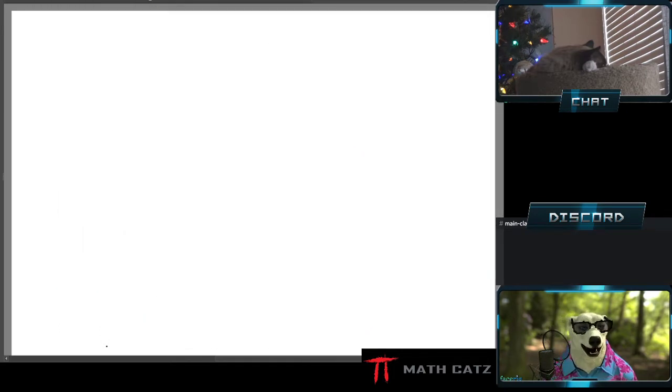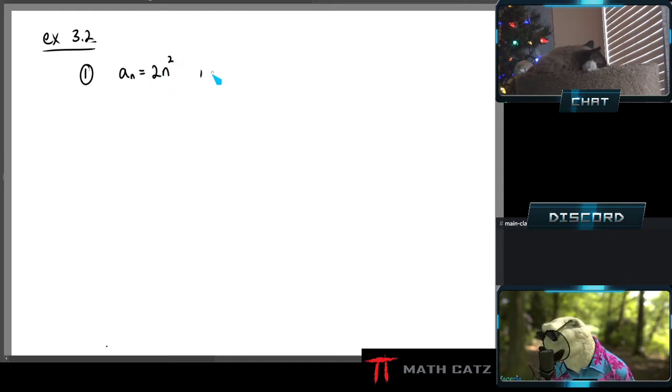Explicit or recursive, the other one that they don't give me. So, exercise 2. So we're doing very much the same kind of questions, just for this new sequence. My formula that they give me is 2 times n squared. N is 1, 2, 3.